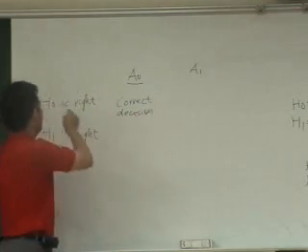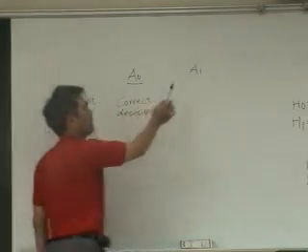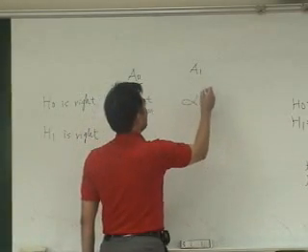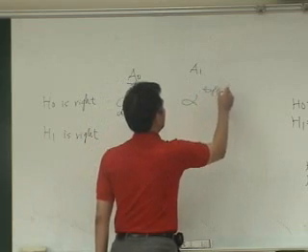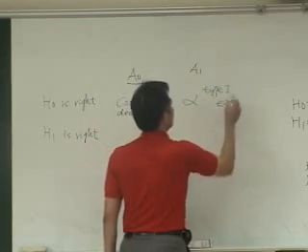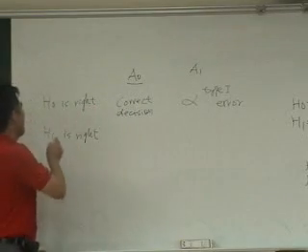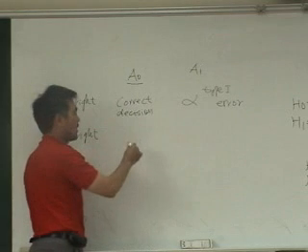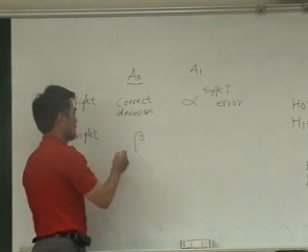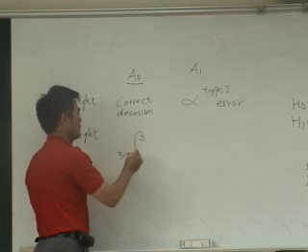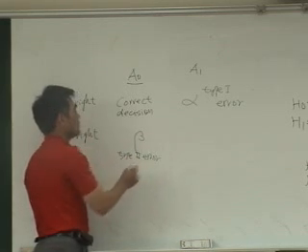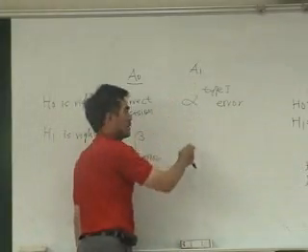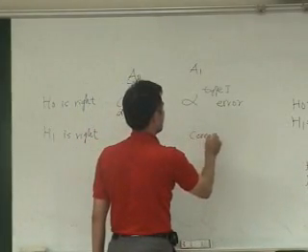Okay? But if H0 is right, and you believe H1, right? This is alpha, type 1 error. Okay? If H1 is right, and you say H0 is right, this is wrong. We call it beta. And this is type 2 error. If H1 is right, and you say H1 is right, this is a correct decision.